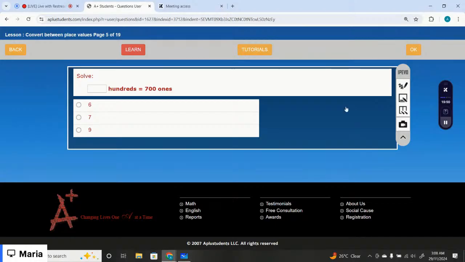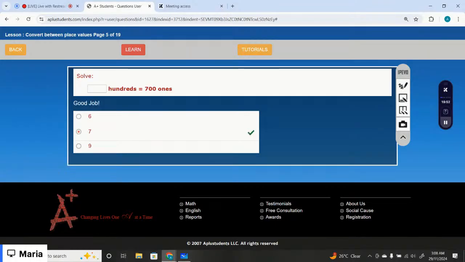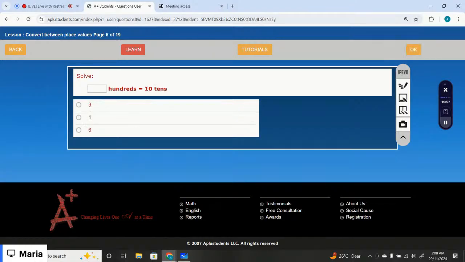Option number 2 is the correct option. 700. It is very good. 10 tens equal how many hundreds?